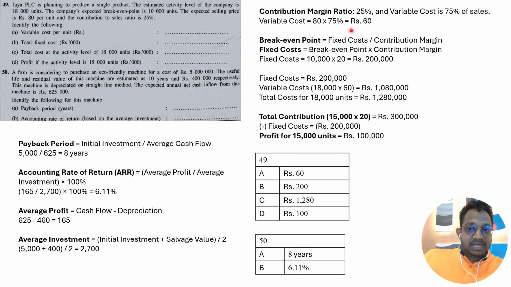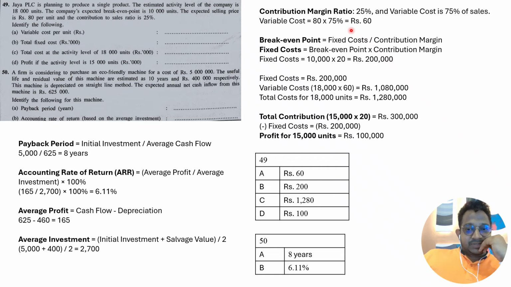So the contribution is the difference between the selling price and the variable cost. The other part is the variable cost based on the sales, so the variable cost is that amount.